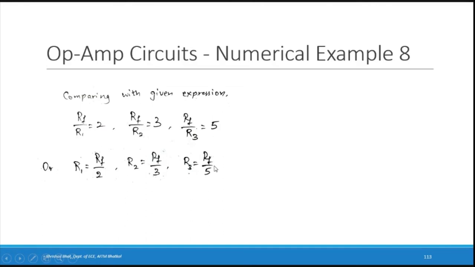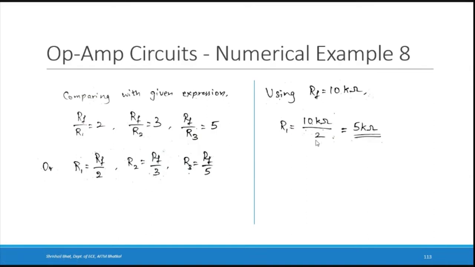Is it right? So here, if you take RF is equal to 10K, R1 is equal to RF by 2, that is 10K by 2. That's how much? 5K. And R2 is 10K by 3. That's how much? 3.33K. And R3 is 10K by 5. That's how much? 2K. Right? So this is how you get the values of resistors R1, R2, R3.